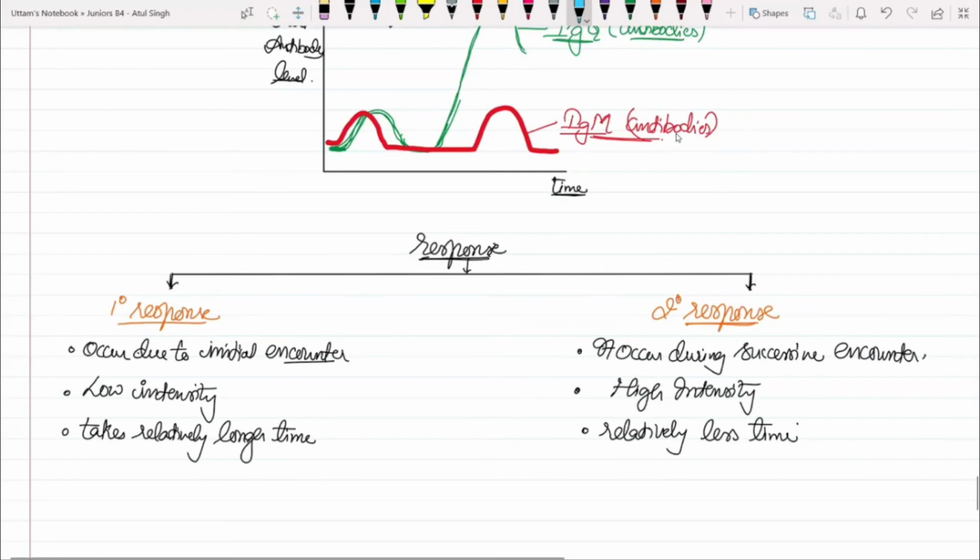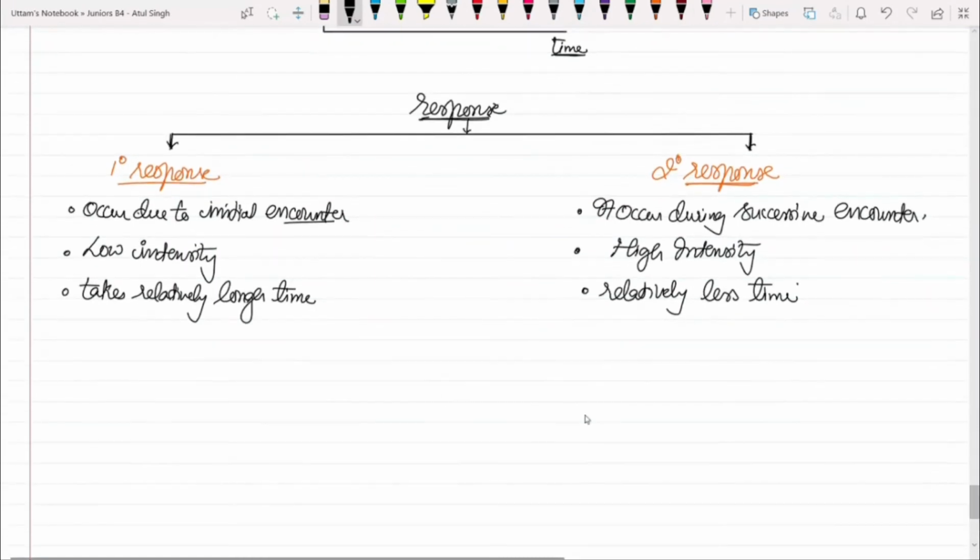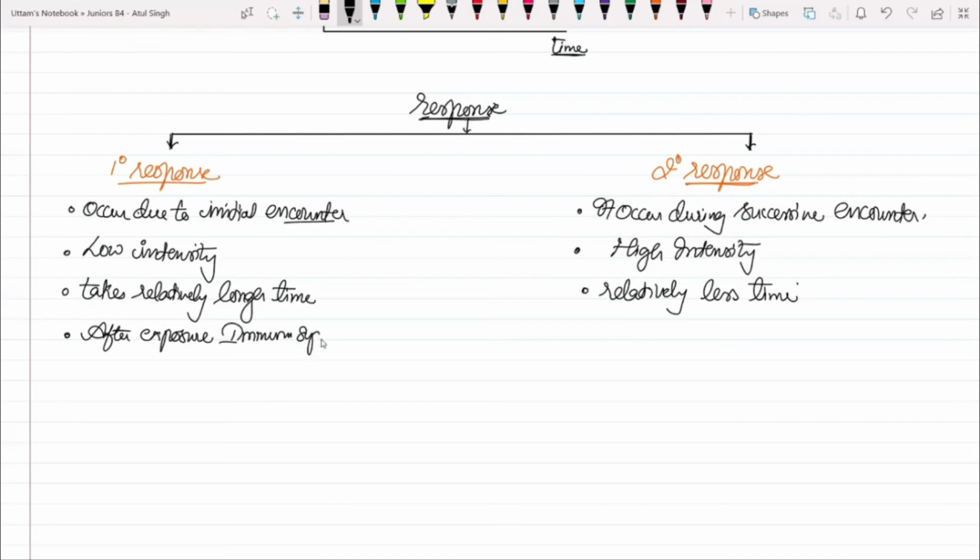Yes. So over here, in the primary encounter, the first encounter, after exposure the immune system produces IgM, and this IgM will further decrease, and there is a gradual increase in antibody IgM and IgG also.